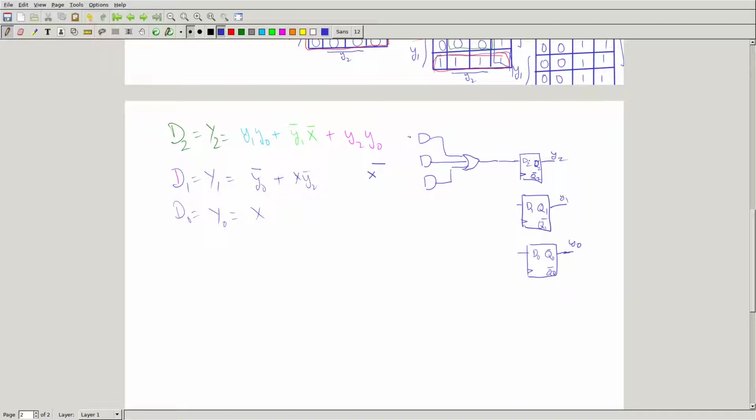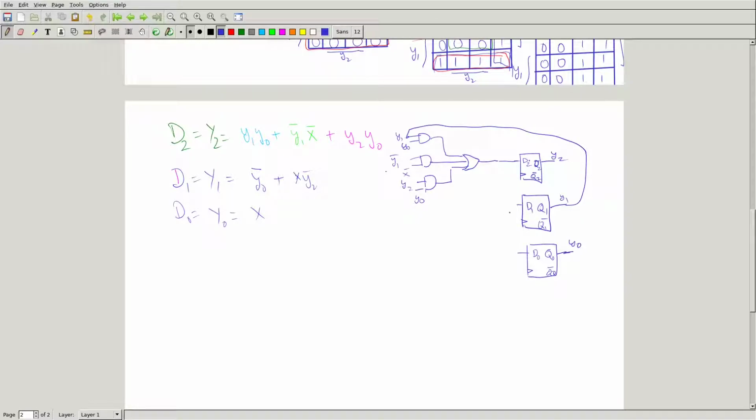Here first one is y1, y0, and you can loop it back from here, right here, but to avoid congestion, I'm just labeling them. You get y1 bar, x bar, and y2, y0, right?